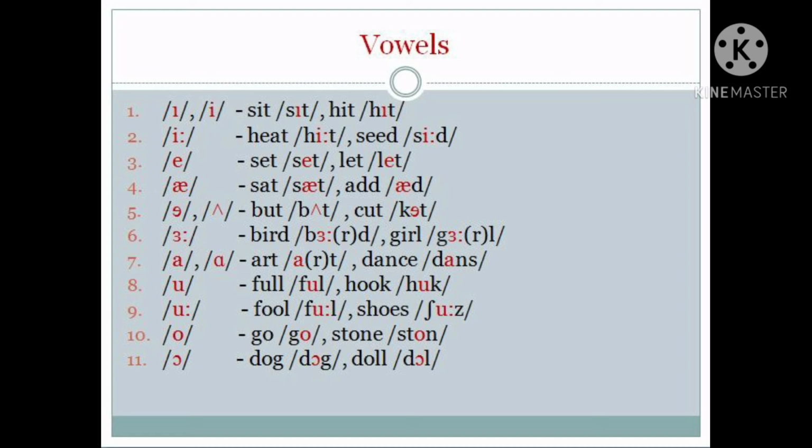Moving on to the seventh one, we have the vowel A, which again has two representations, both of which can be used by the student. Examples include words like art and dance.